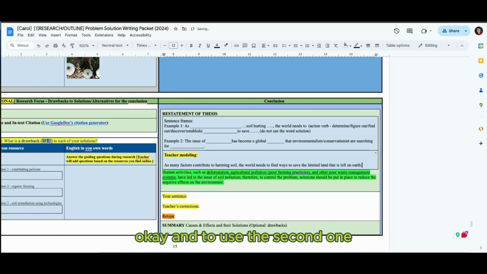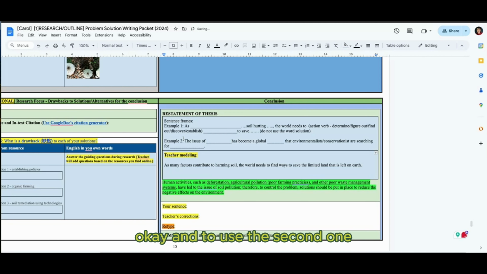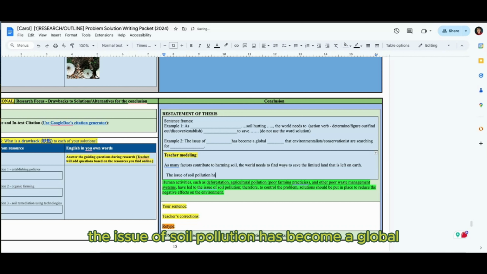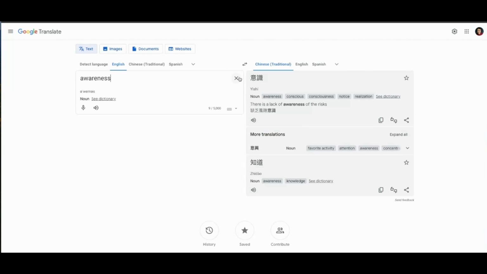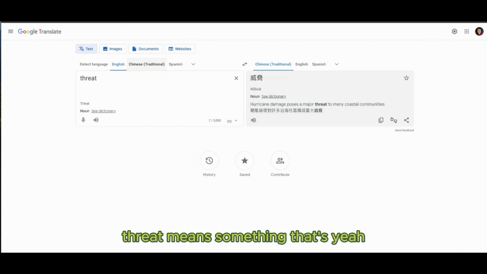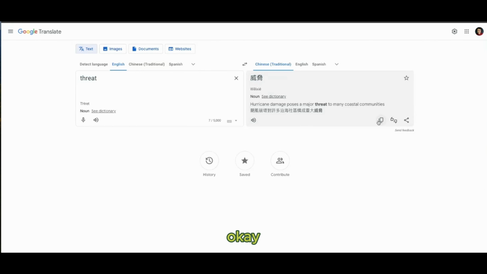Okay, and to use the second one, we can write the issue of soil pollution has become a global what? A global threat. Threat means something that's, yeah, okay.